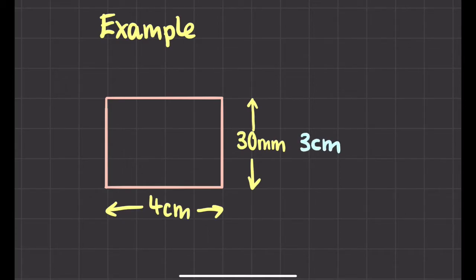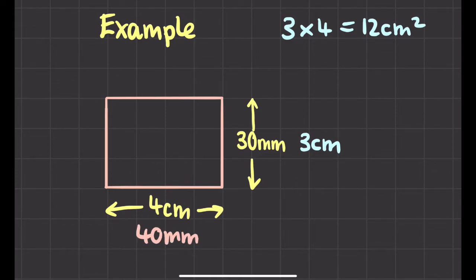So if I wanted to know what the area was in centimeters squared, then I would do 3 centimeters multiplied by 4 centimeters to give me 12 centimeters squared. If I wanted to know what the answer was in millimeters, well, I need to make sure that they're both in millimeters. So this one here I need to change so it's in millimeters, so that'd be 40 millimeters.